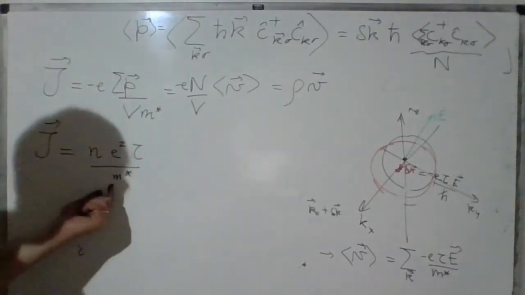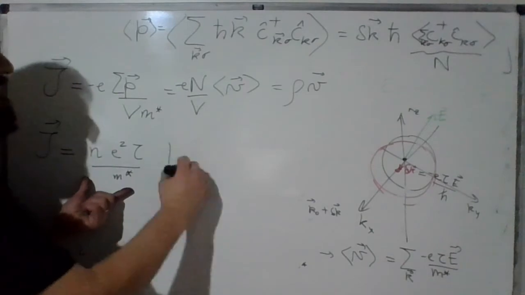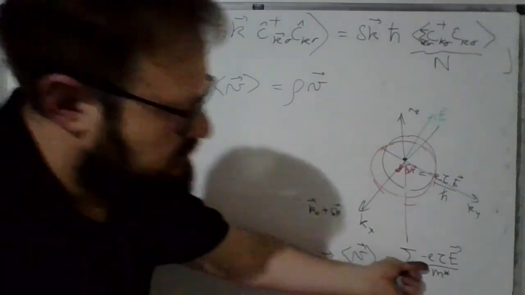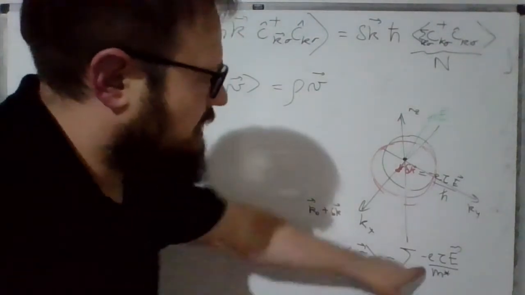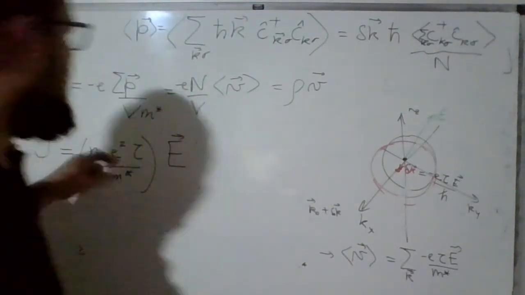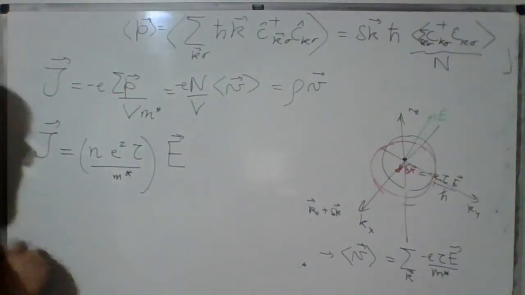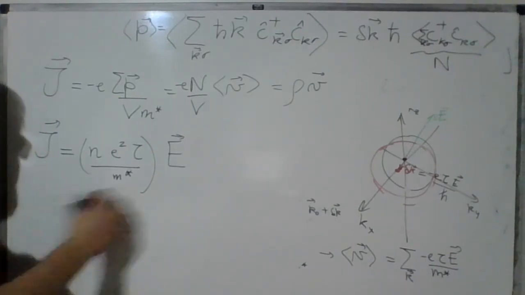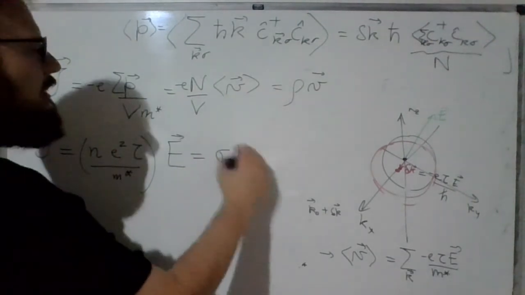And therefore you have the following relation. You replace velocity; minus e times minus e doesn't depend on the sign of the charge. And this is the electrical conductivity. This is Ohm's law.